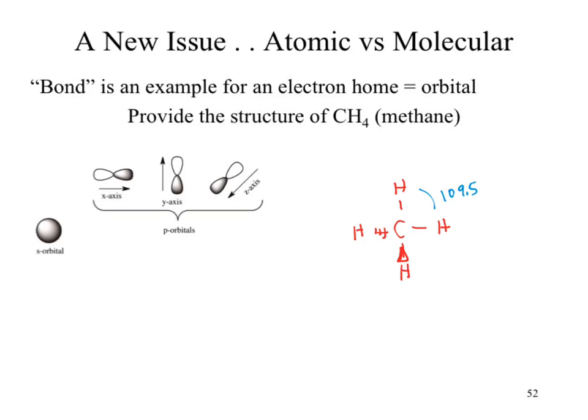What is the bond angle between the px and the s orbital? That one may have been a little bit difficult, so let's switch that up. What is the bond angle between the py orbital and the pz orbital? Why do we call it x, y, and z p orbitals?